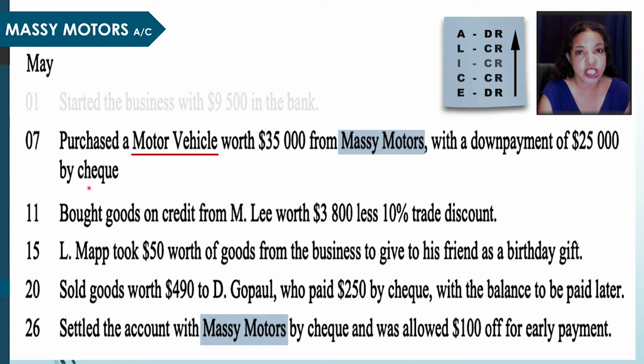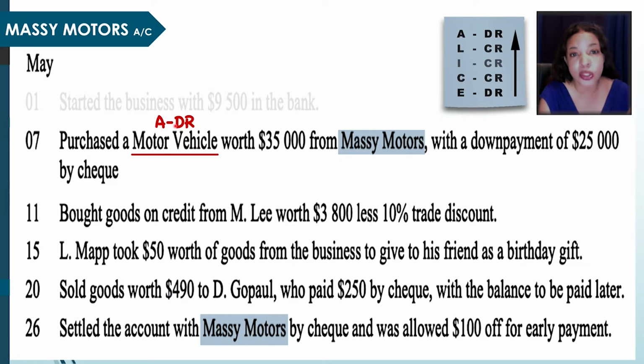Every time you see check, it means bank. Motor vehicles is an asset. Since it was purchased, it will be debited, because a purchase means it increased. So you know that you're going to debit motor vehicle. Once again, we are not asked to do it, but you need to know, okay?